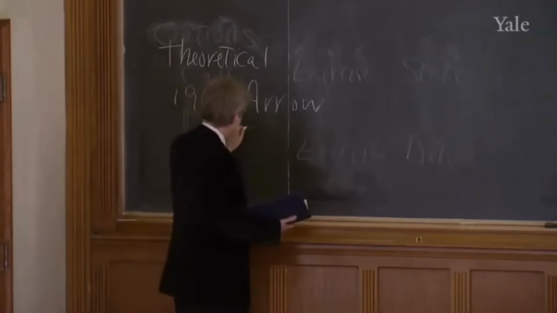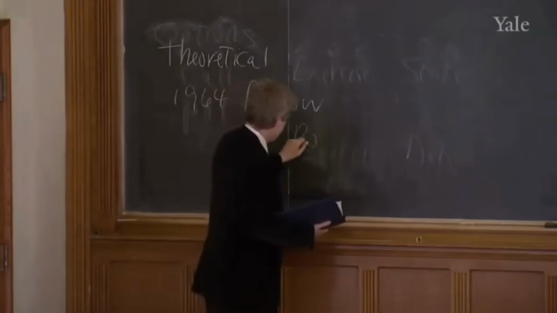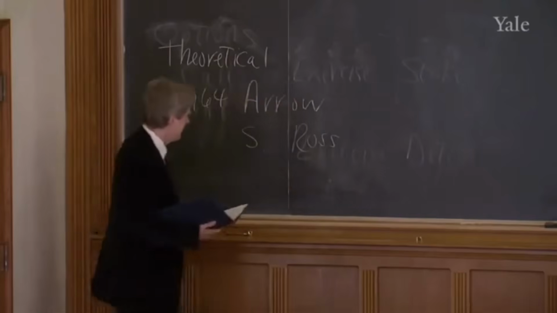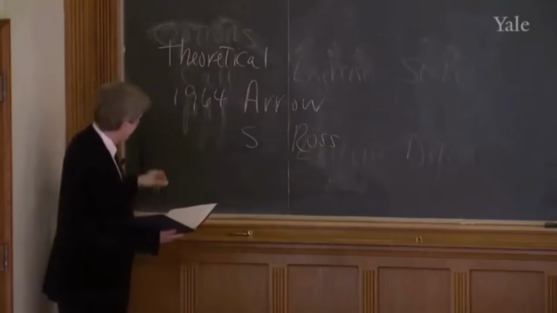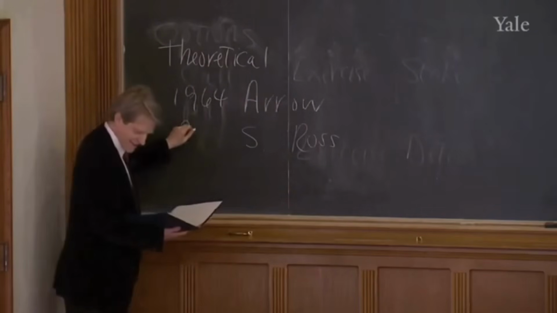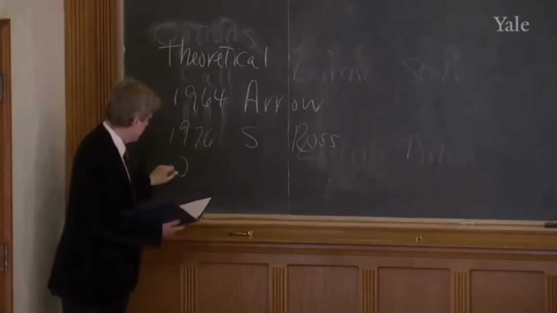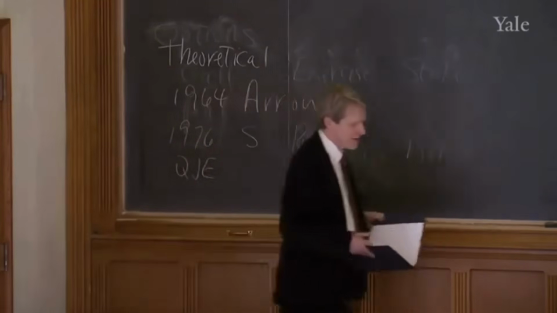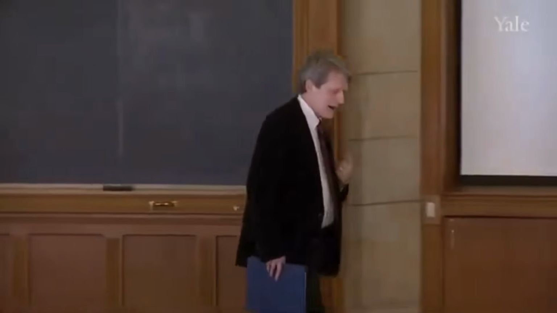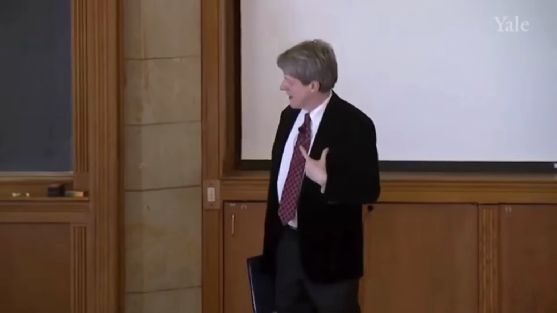Stephen Ross, who used to teach here at Yale, a friend of mine, lives here in New Haven, in 1976 in the Quarterly Journal of Economics, wrote a classic paper about options, showing that in a sense they complete the state space.